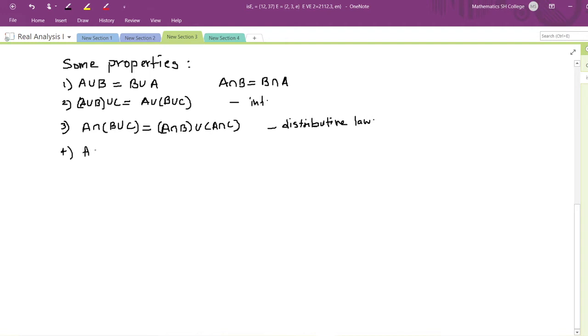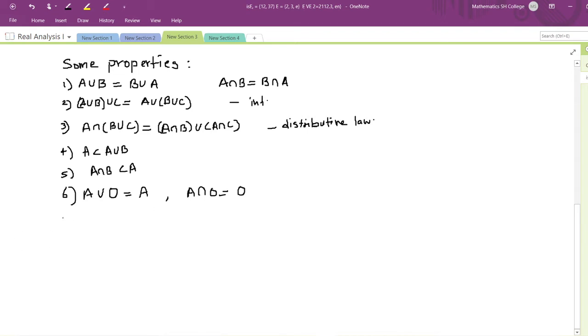Now in general, if A and B are non-empty sets, A is always a subset of A union B. And we also know that A intersection B is a subset of A as well as a subset of B. Also, A union the empty set will be the same as A, and A intersection the empty set will be the empty set.